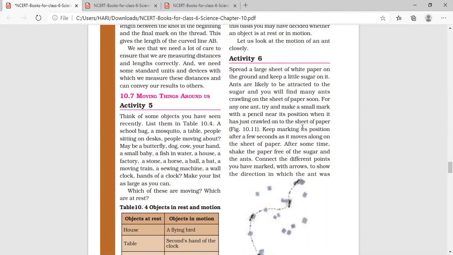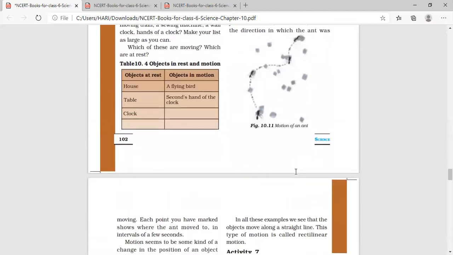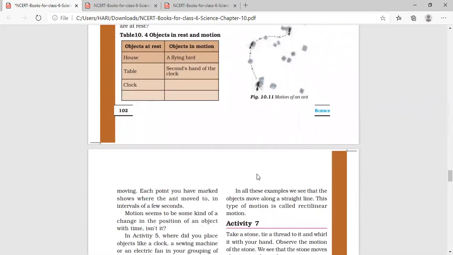Keep marking its position after a few seconds as it moves along on the sheet of paper. After some time, shake the paper free of the sugar and ants. Connect the different points you have marked with arrows to show the direction in which the ant was moving. Each point you have marked shows where the ant moved to in intervals of a few seconds.